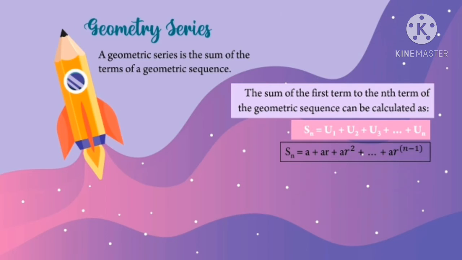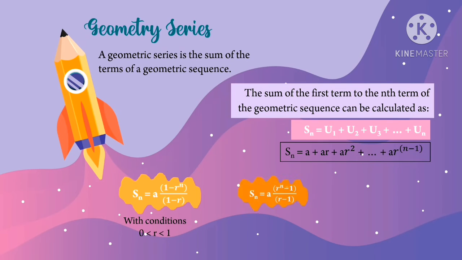If we know that a is the first term and un is the nth term, then the geometric series value is Sn equals a multiplied by 1 minus r to the power of n divided by 1 minus r, with the condition r more than 0 and less than 1, or Sn equals a multiplied by r to the power of n minus 1 divided by r minus 1, with the condition r more than 1.